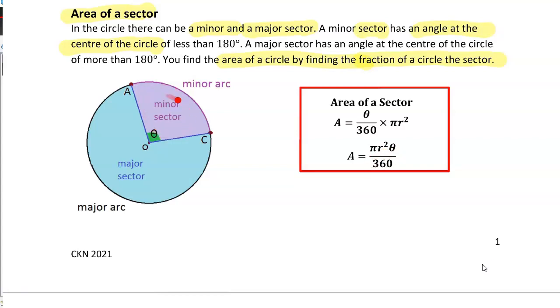And that gives us the area of the sector. So that's a minor area. The major area would be 360 take away that angle.